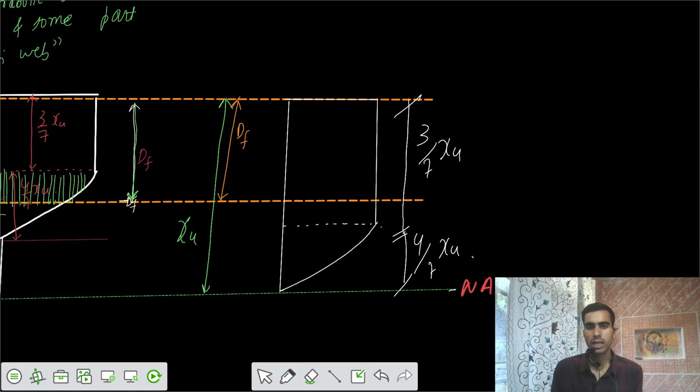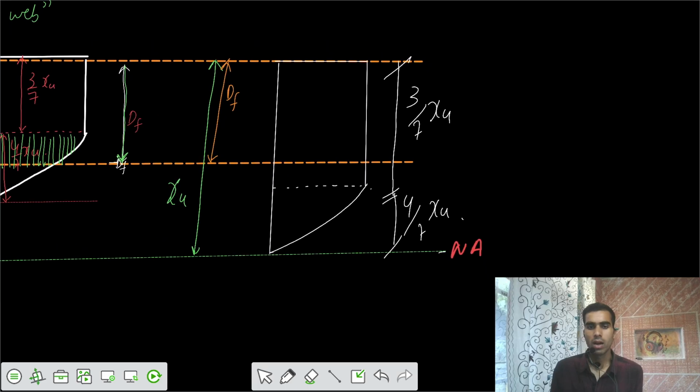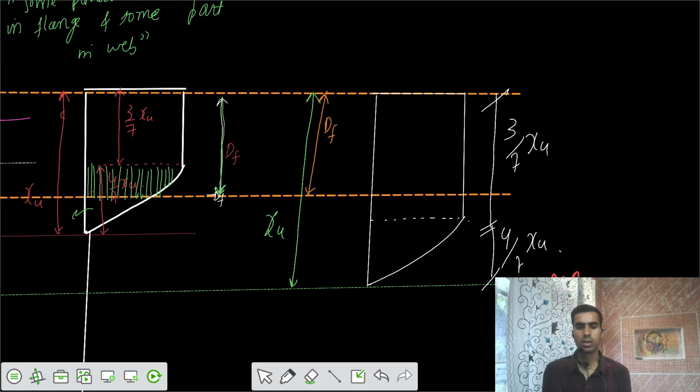And what can you tell based on this? Can you tell me what is the stress variation in the entire flange thickness? We know the peak stress here. What is the stress here? Is it 0.45 FCK?